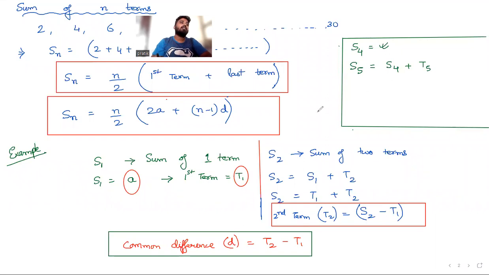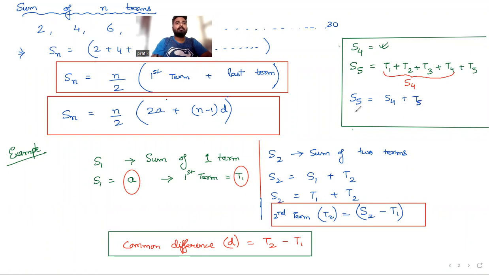The summation till T4 is S4, which is given to you in a question. So S5 would be equal to S4 plus T5.